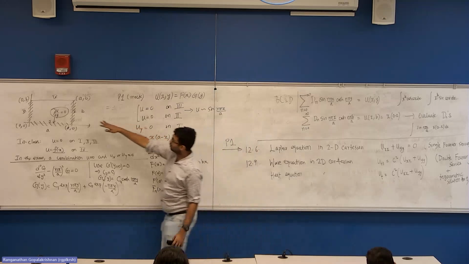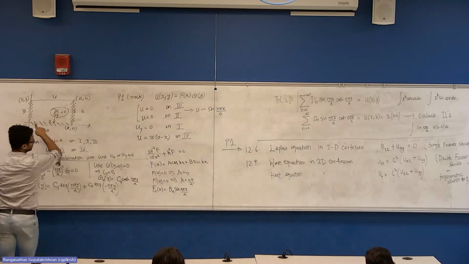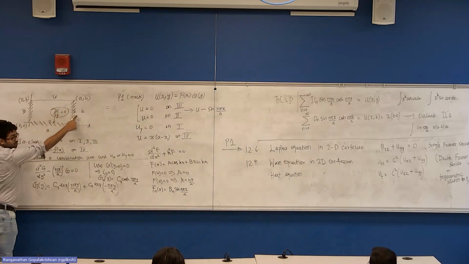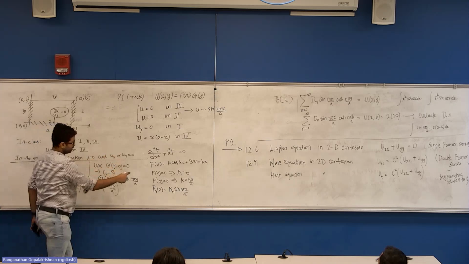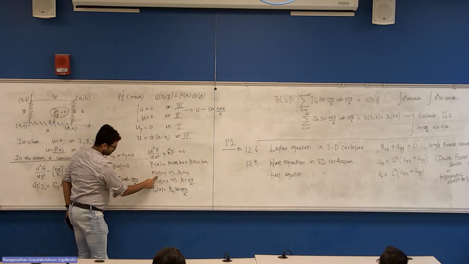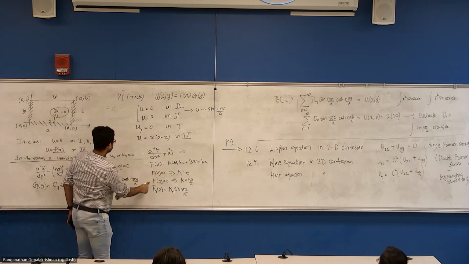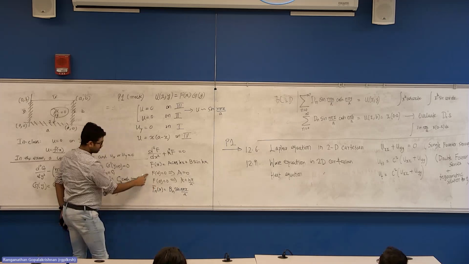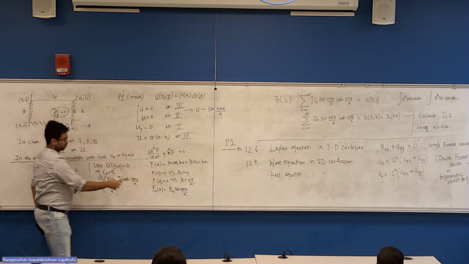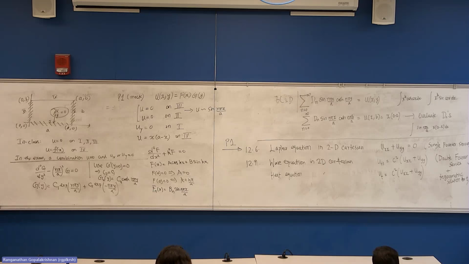If you immediately look at this and recognize u is 0 on this face and this face, which is possible with a sinusoidal function, then when you reduce it, you will get f of 0 and f of a. I don't know why I put the dash. F of a. So if you do a few problems, it's easy to catch the pattern.